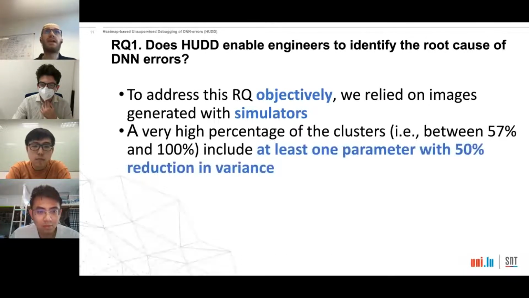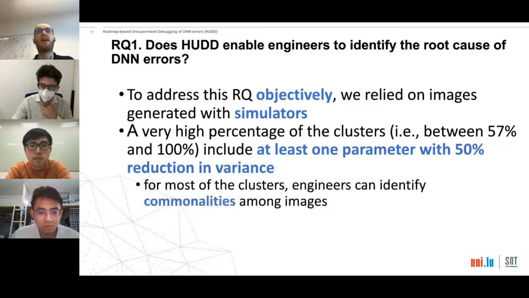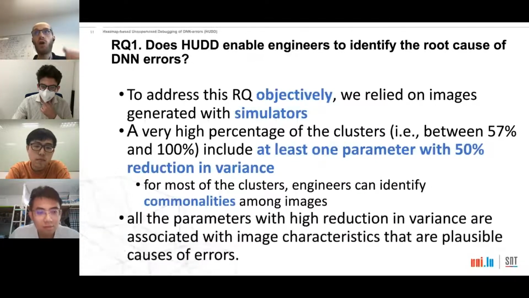And we have seen that a very high percentage of the clusters include at least one parameter with 50% reduction in variance, which means that engineers can likely identify the commonalities among images. Also, we have seen that all these parameters are likely related to characteristics that are plausible causes of DNN errors.